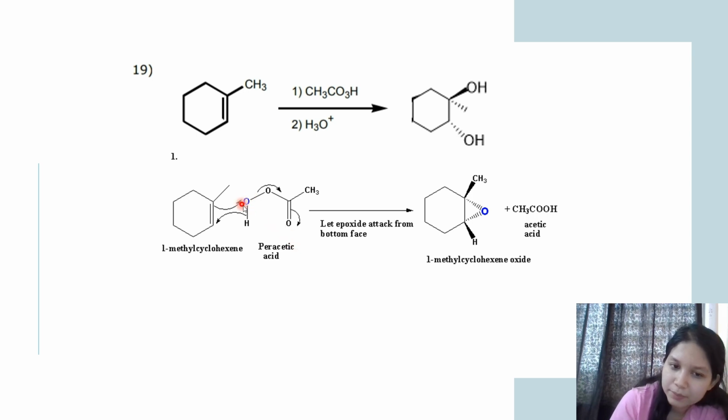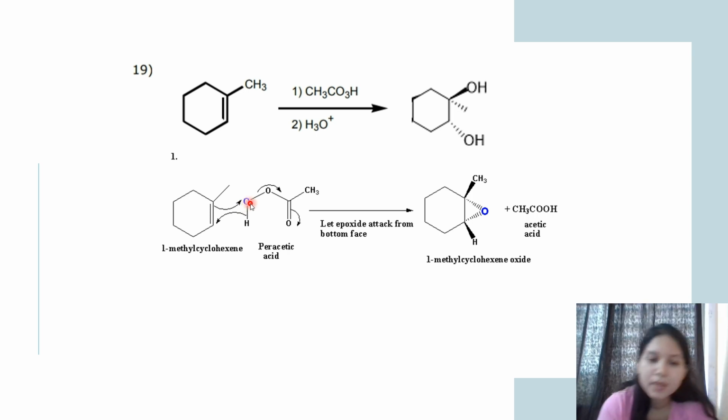So, because of being highly electron deficient, this oxygen will react with the electron rich double bond present in the system, which is 1-methyl cyclohexene. And this double bond will attack at this highly electron deficient oxygen.